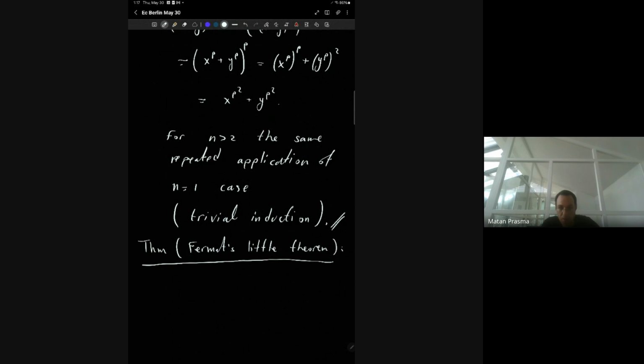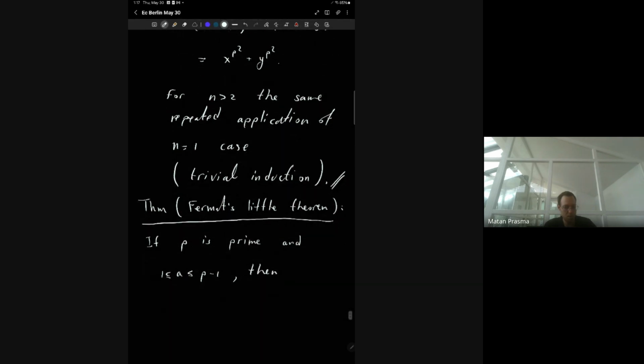Fermat's little theorem says that if p is a prime and a is some number between 1 and p minus 1, then a^(p-1), well, let me do it like this: a^p is equal to a.